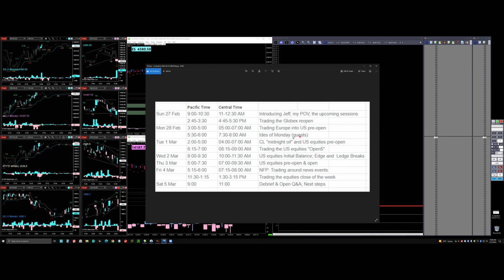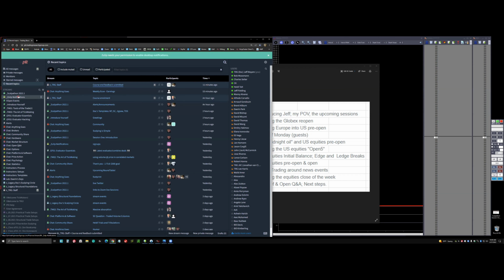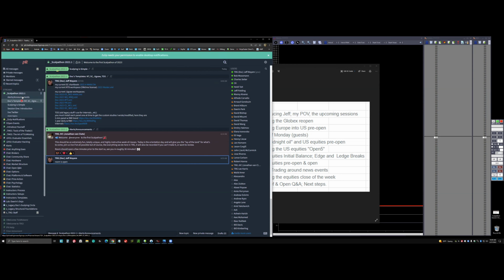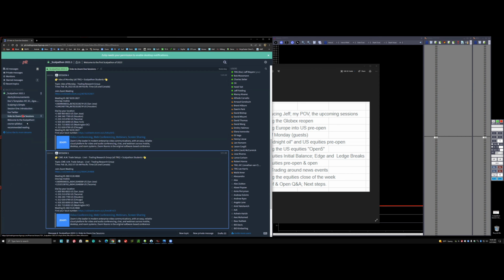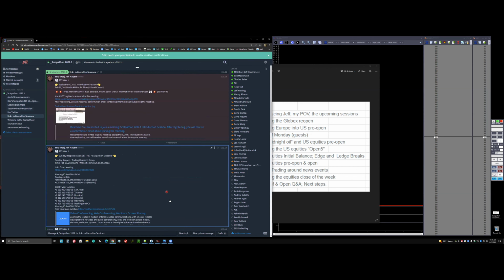And then there's one other session tomorrow that's not on here that you guys are invited to, which is the CME session for the initial balance. That is in the pit already, and the information on how to join that session is there under all of the links to live Zoom sessions. That one is this one right here.